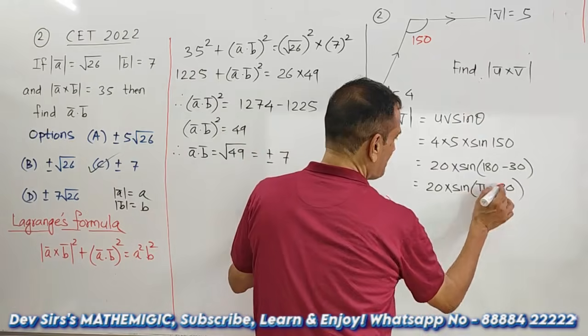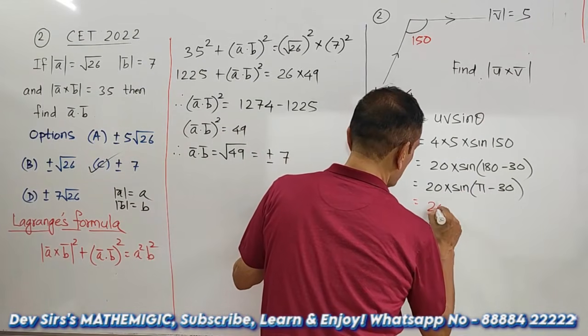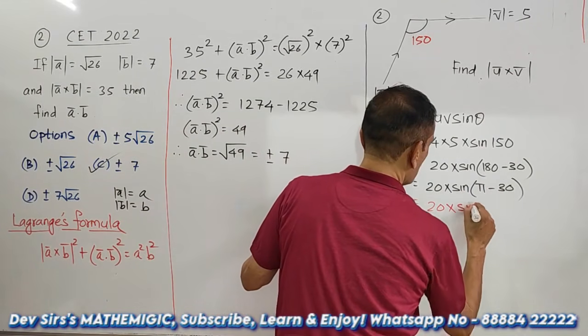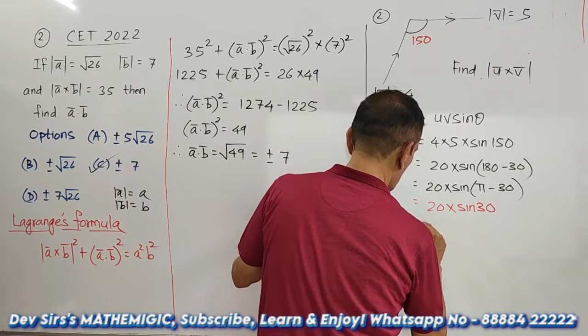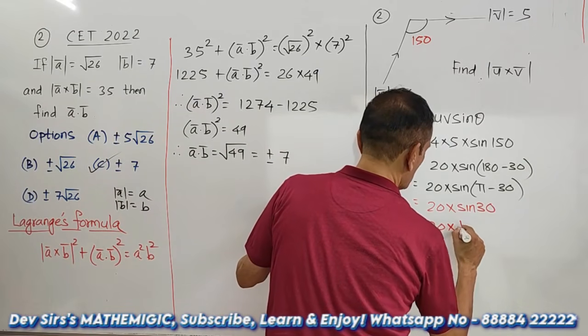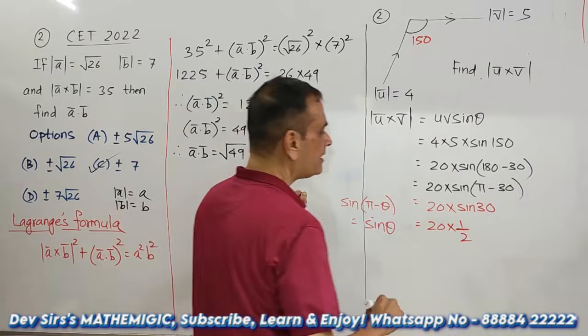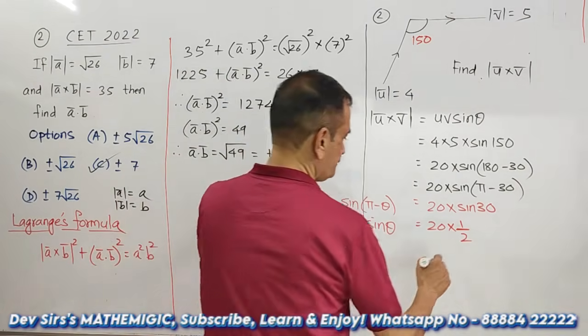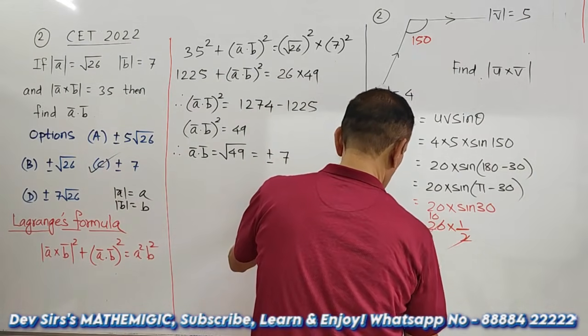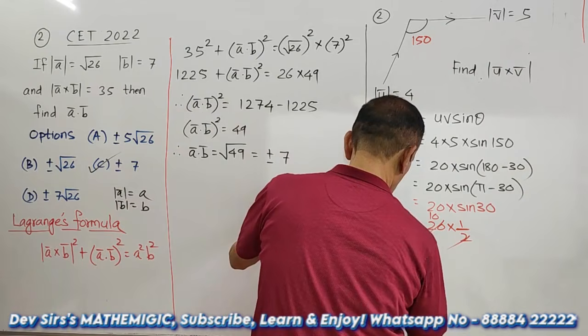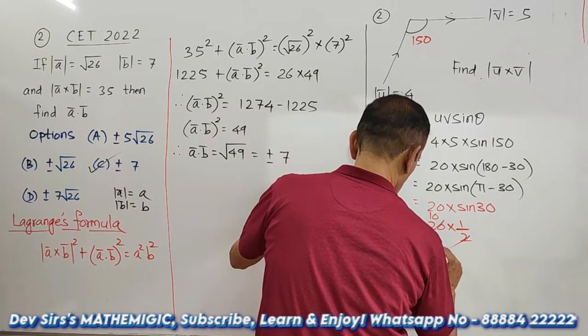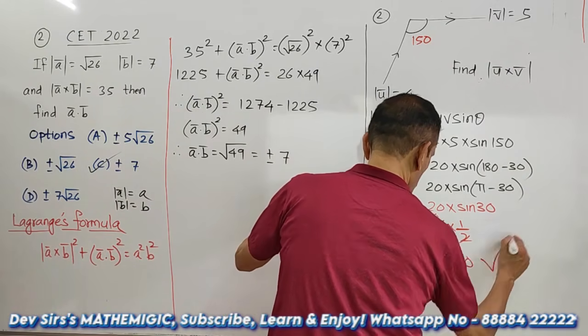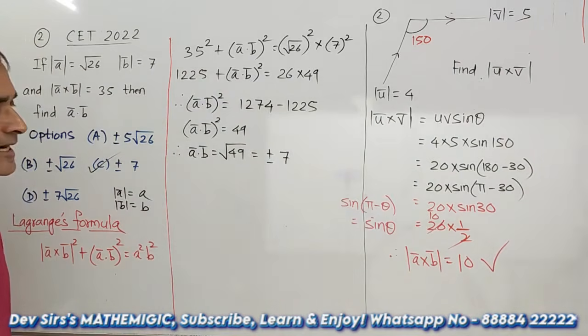So sin of pi minus 30 is sin 30. Sin 30 is half. The answer is just 10.